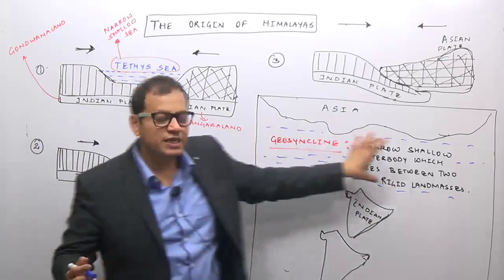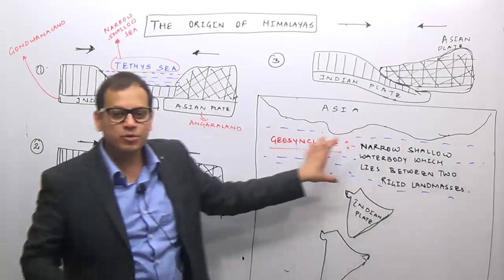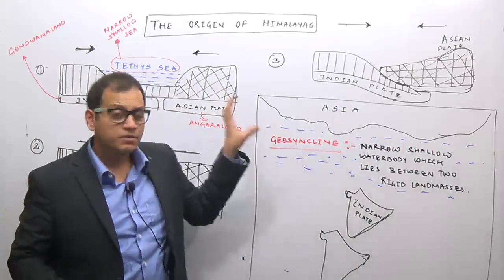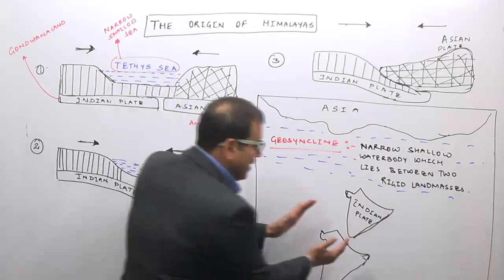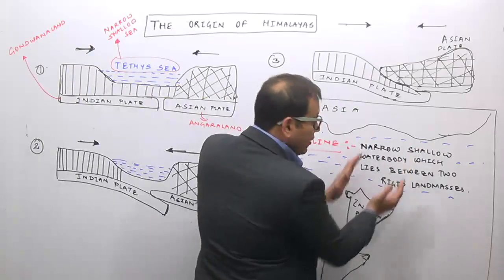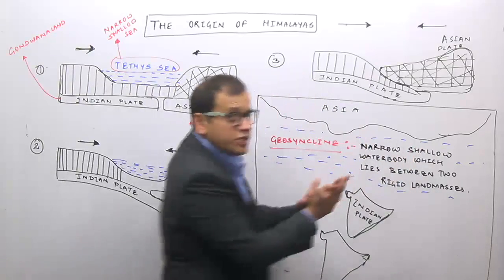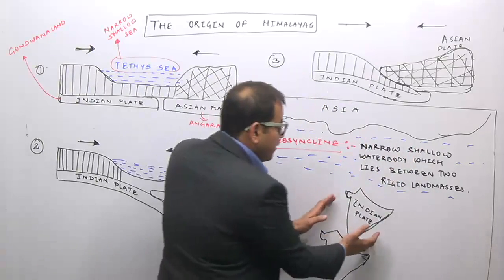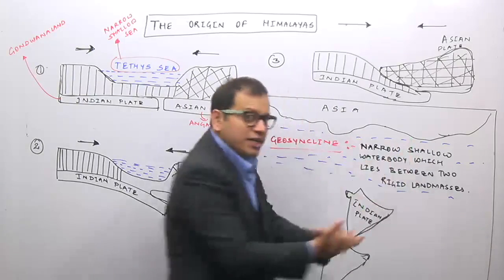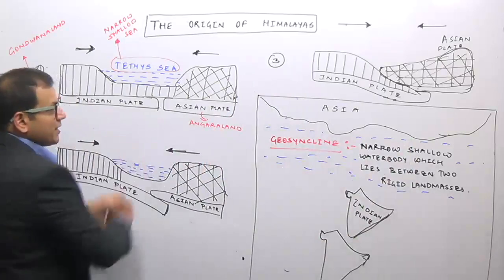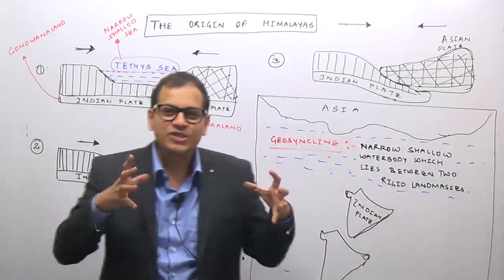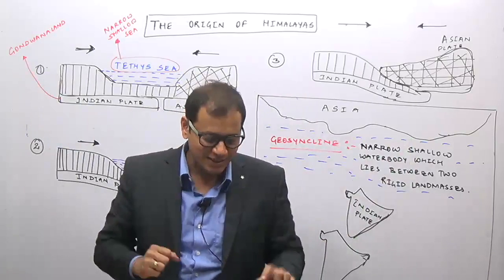So this part where I have written the definition and marked it bluish in color, this is nothing but the Tethys geosyncline. Now as the Indian plate moved northwards towards the Eurasian plate, or we can say as the Indian plate went near the Asian plate, the Tethys geosyncline decreased in size.